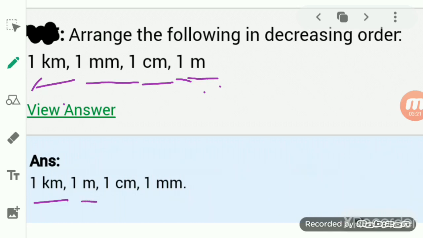Then we know that the centimeter and millimeter both are sub multiples of the standard unit. It means they are shorter, smaller units than the standard unit. So centimeter and millimeter will come after meter. Now the question is which will come first, the centimeter or the millimeter.